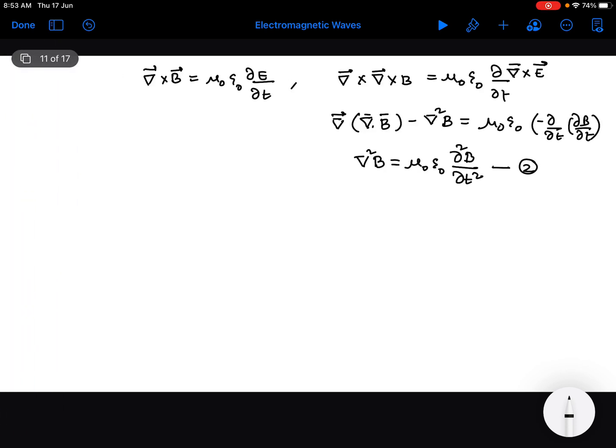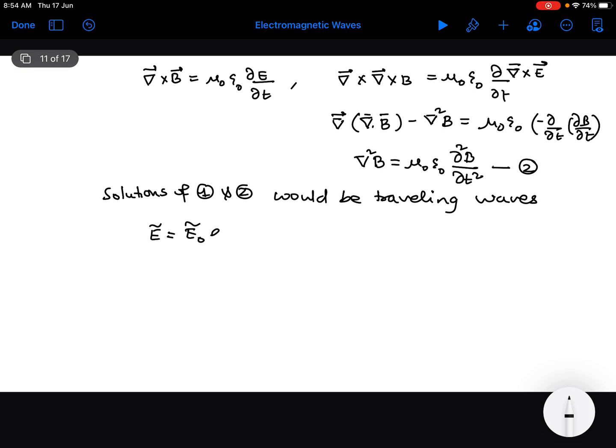The solutions of 1 and 2 would be traveling waves: E is equal to E0 e power i (k dot r minus omega t), B is equal to B0 e power i (k dot r minus omega t).